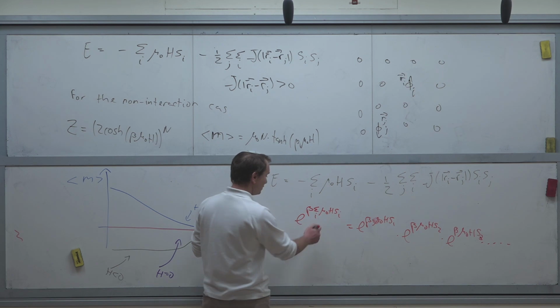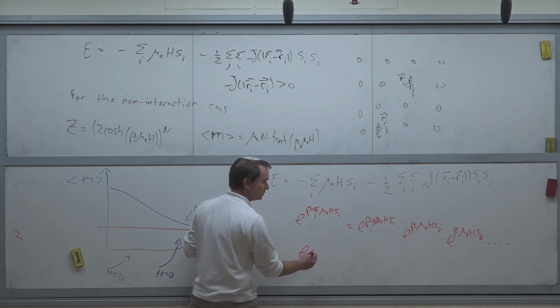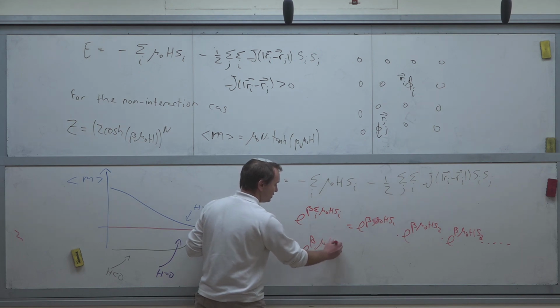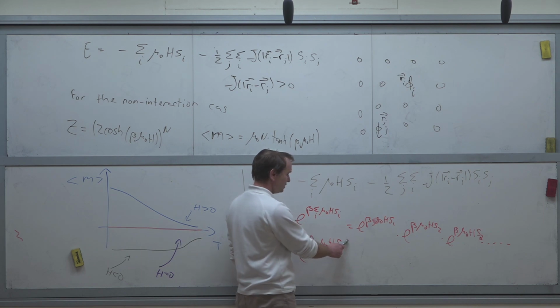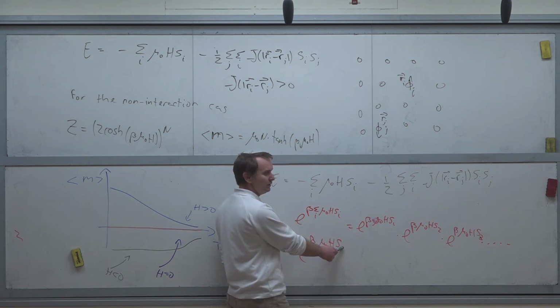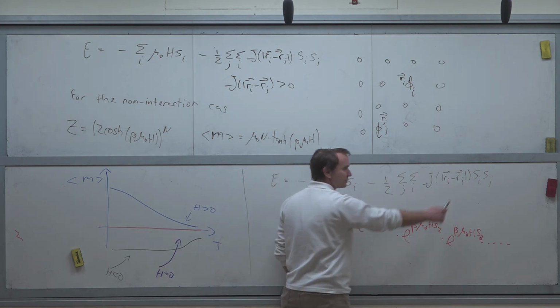The problem is, if I write down the first exponent, it will have e to the power beta mu 0 h S1, okay? But S1 is not the only term where S1 appears. There are also all these other S1s.